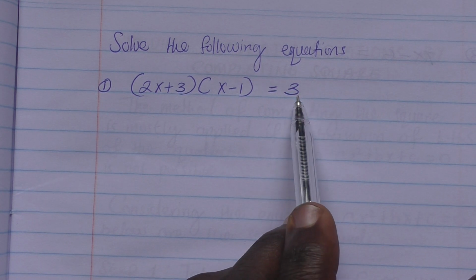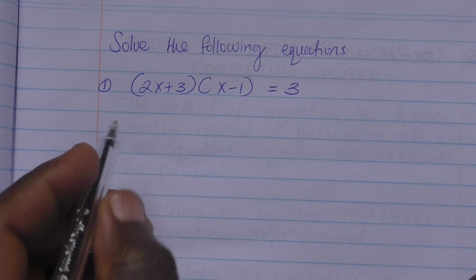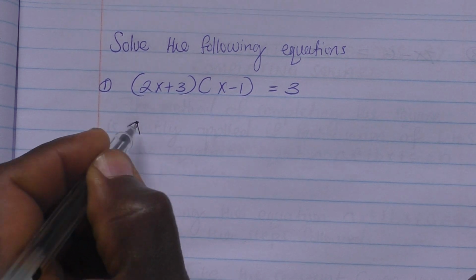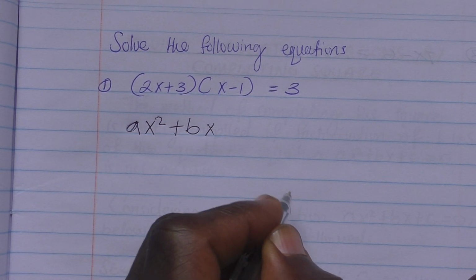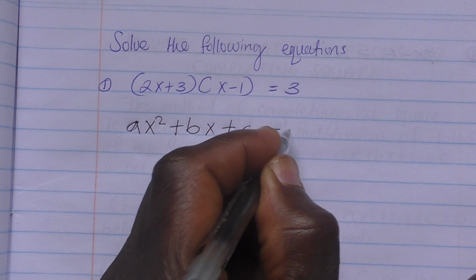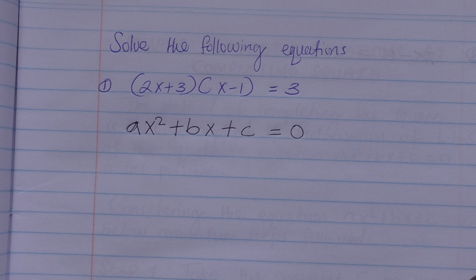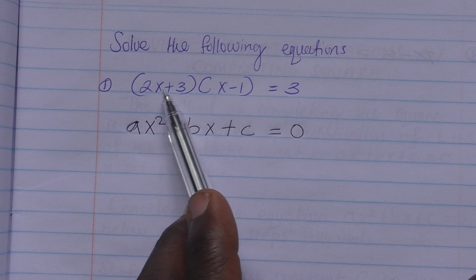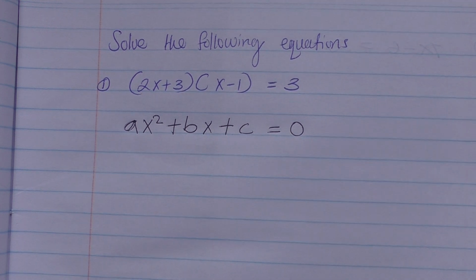So for us to solve this equation, we've seen that it is very important to first express the equation in the form of ax squared plus bx plus c equals to 0. So meaning that before we go any further, we first need to express this equation in this form. And that's what we are going to be looking at right now.